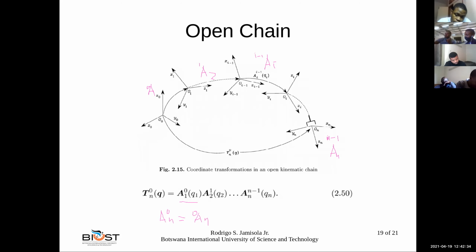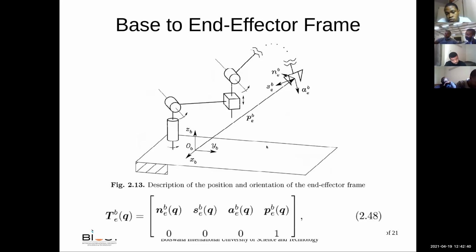That's clear, it's just the same. That's why we spent a lot of time showing you the transformation matrix, pre-multiplication and post-multiplication, because that is the foundation for this.